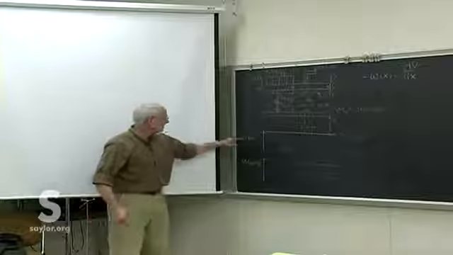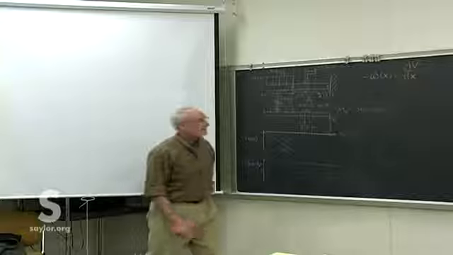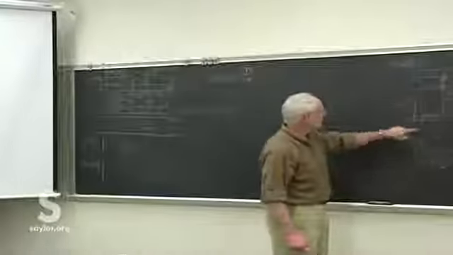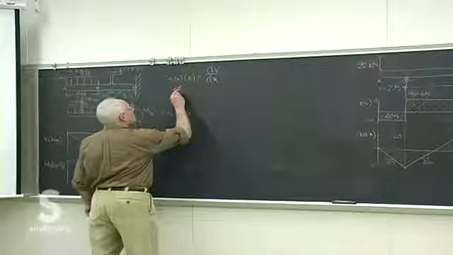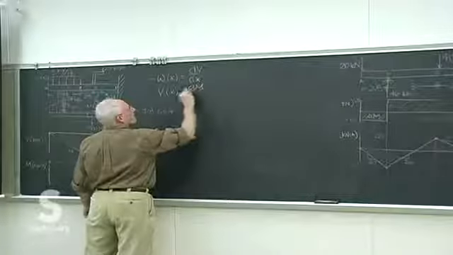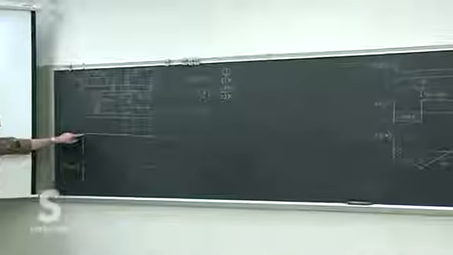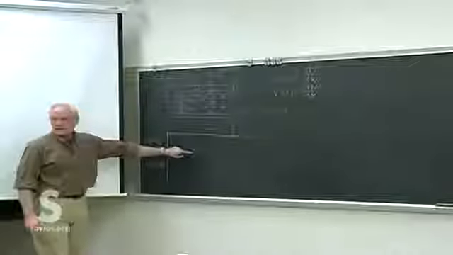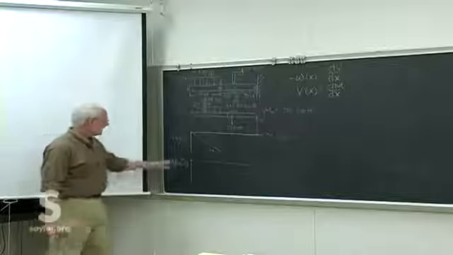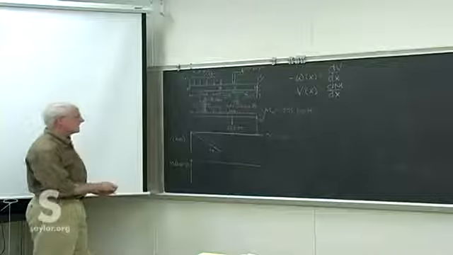What's the relationship between the shear and the moment diagram? Well, it's the same thing we've got here. We know that the slope of the moment diagram is the shear. And we have an increasingly negative shear, so we have an increasingly negative slope on the moment, which is a parabola concave downwards.